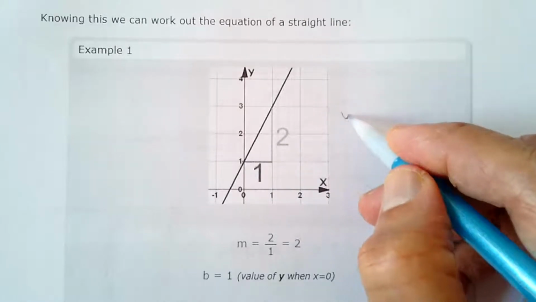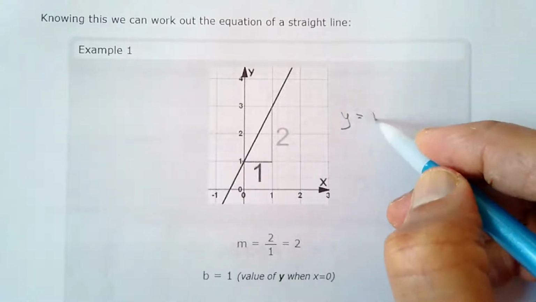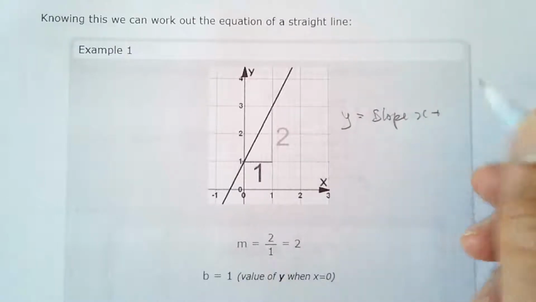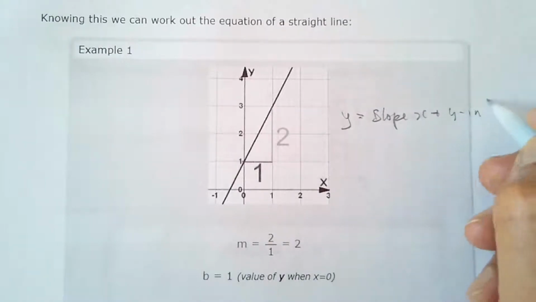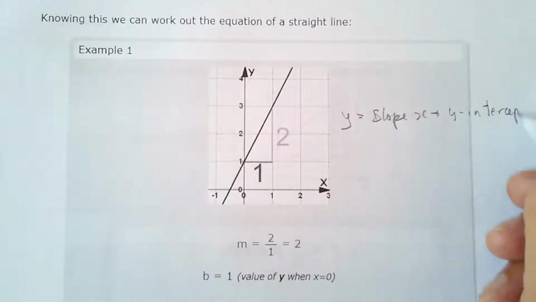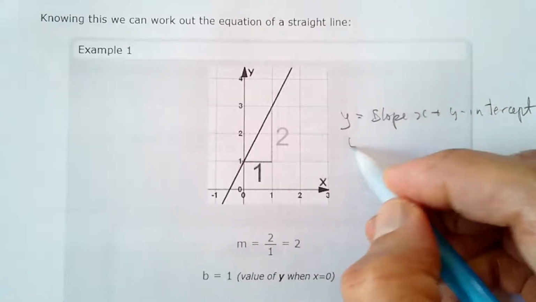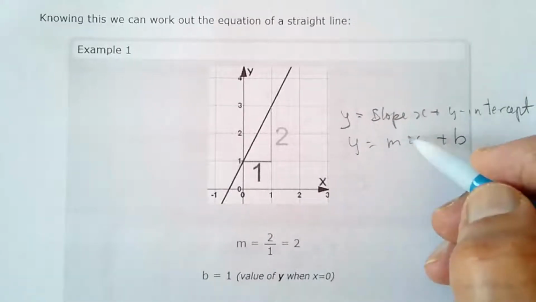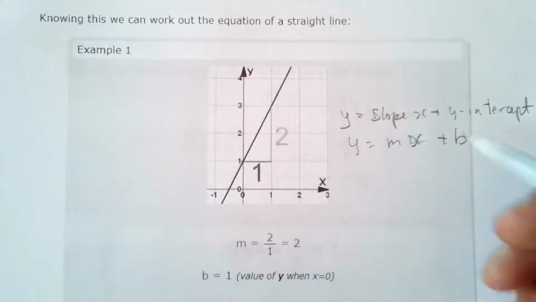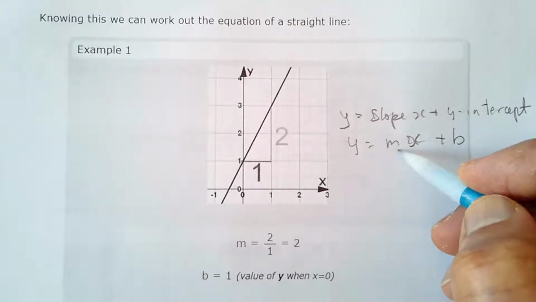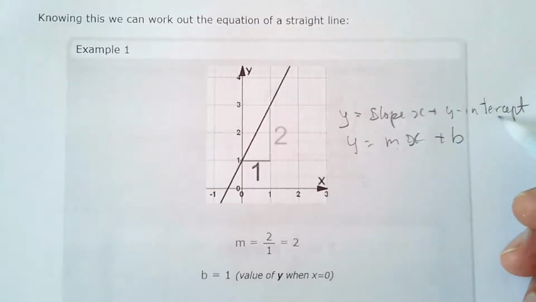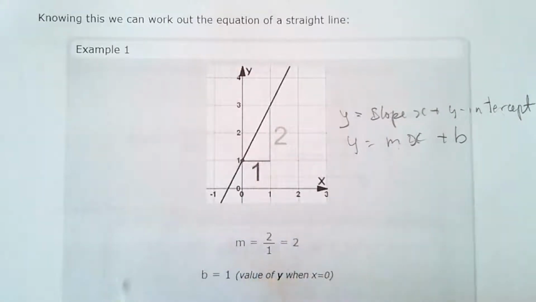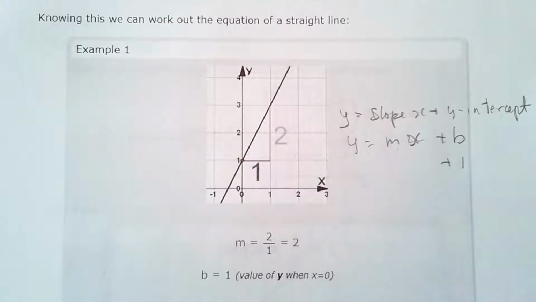So remember, y equals your slope times x plus y-intercept, or y equals mx plus b. So the 2 things you need to derive are the slope and the y-intercept. First thing here, the y-intercept here is 1. So this will be plus 1.